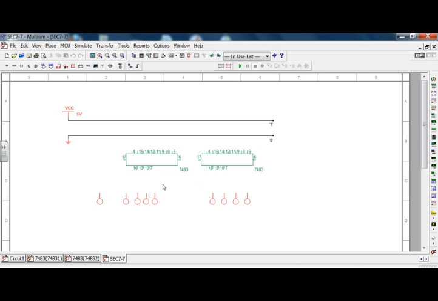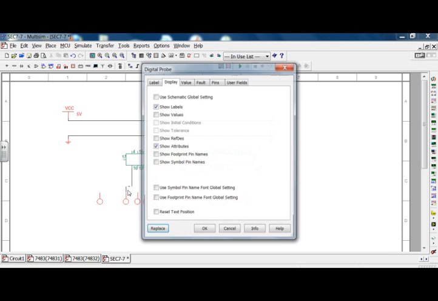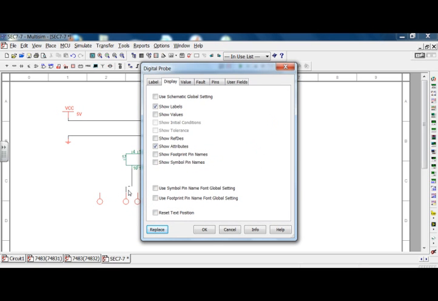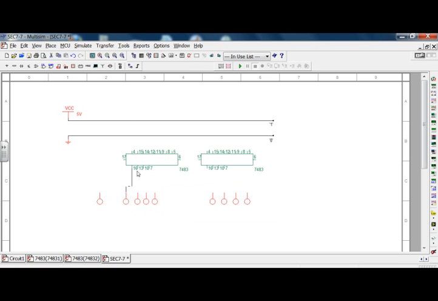That is a bummer. 7483. All right. We're hoping that even though they're the wrong pin numbers, we're sort of hoping they're in the right order.